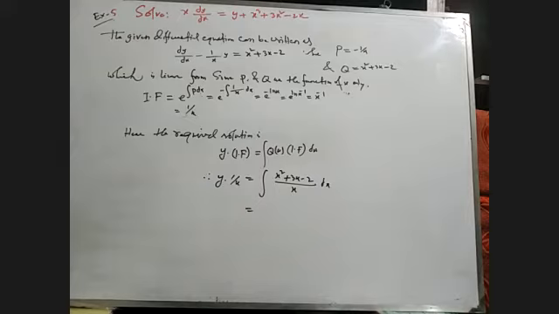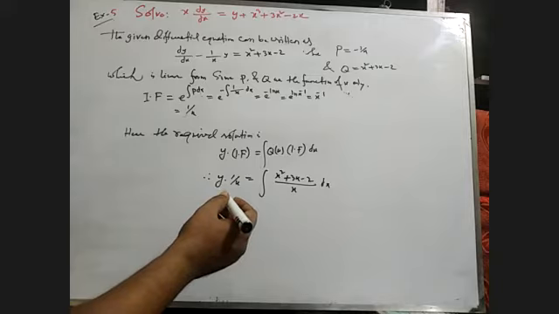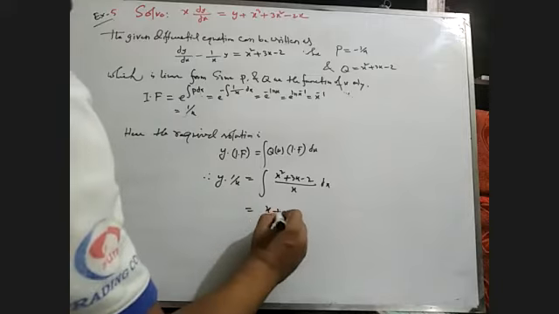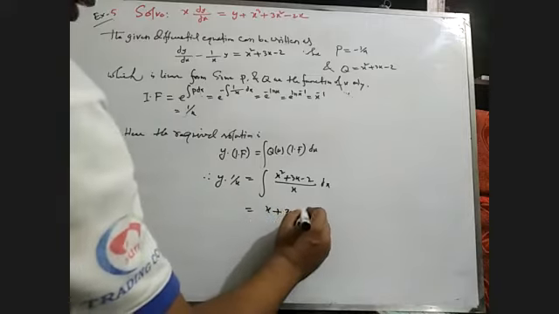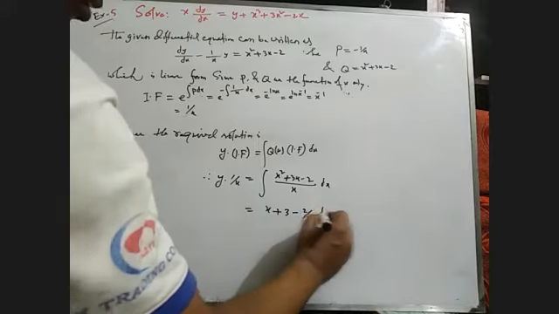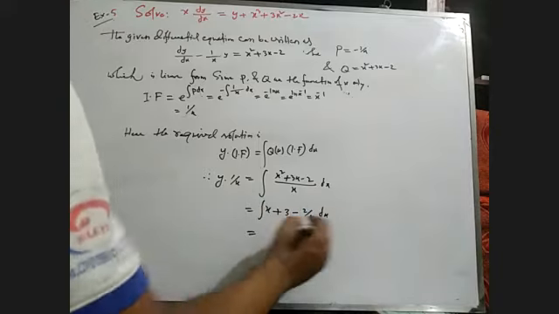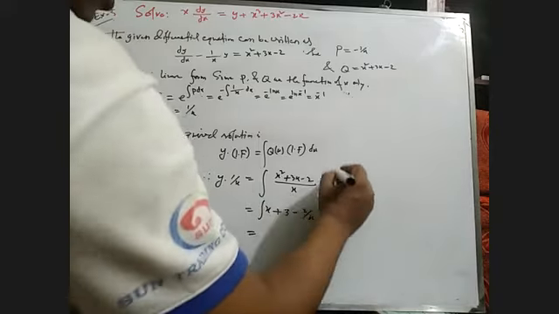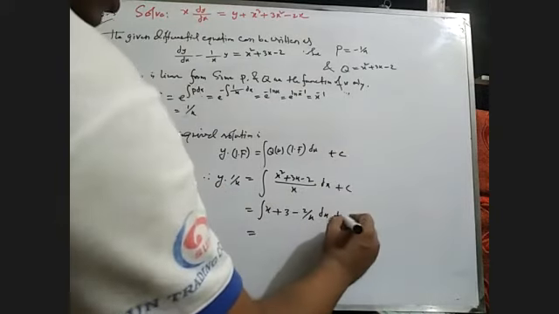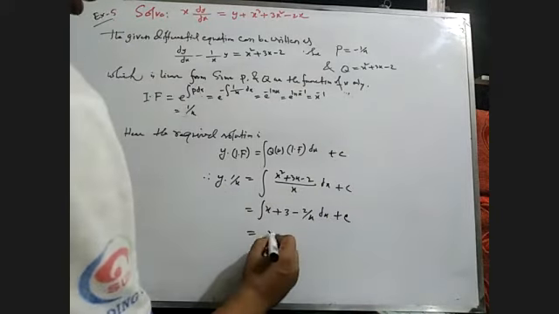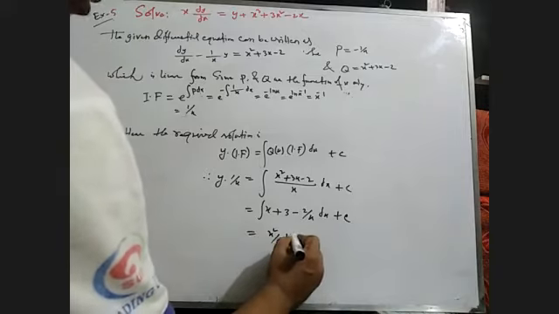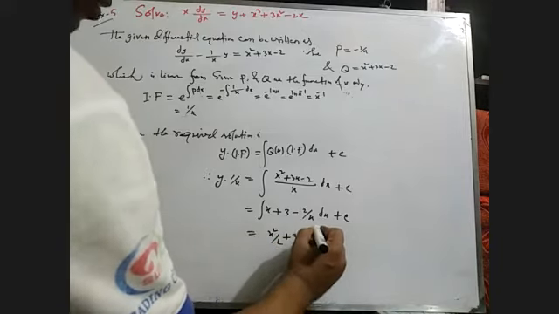Just dividing by x on both sides, we can write x plus 3 minus 2 by x, dx. So this integration will be what? Plus c. We have to use plus c. Remember it. x square by 2 plus thrice x minus 2 times the integral of 1 by x, what is the formula?